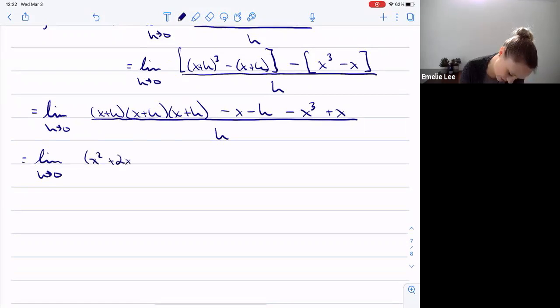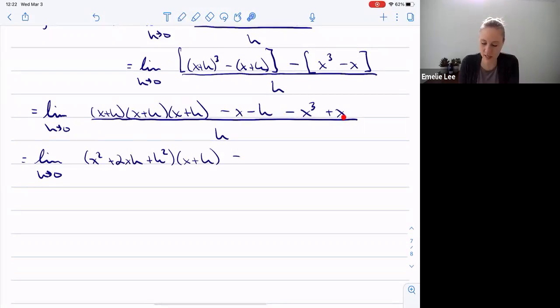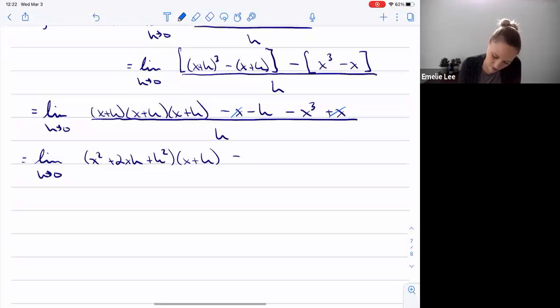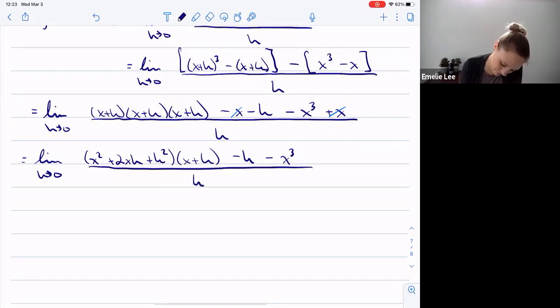x squared plus 2xh plus h squared times x plus h minus x plus x. Let's just ditch those right away. So minus h minus x to the 3 over h. I'm going to expand this one more time.